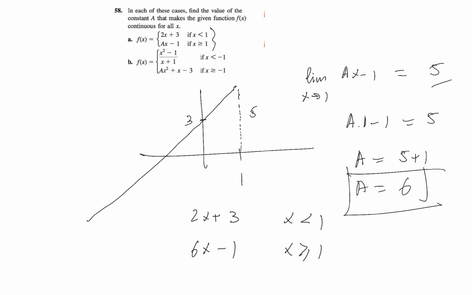If x equal 1, from the first the value is 5, and from the second, 6 by 1 is 6, 6 minus 1 is also 5. So the function glues perfectly with another line with a bigger slope. The first has slope 2, this one has slope 6, and the problem is done.